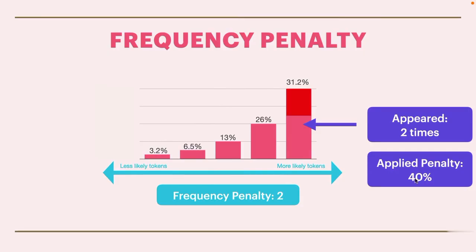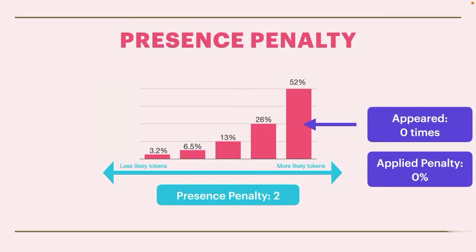So this is just a good example to show you that the frequency penalty is proportionate to the number of times that token has appeared so far in the prompt response. Now, if that token appears 5 times now, we can say that the applied penalty is going to be 100%, which means that its probability of being sampled now is actually 0%. So that token is going to stop appearing further in the prompt response.